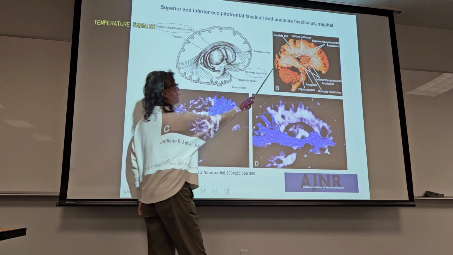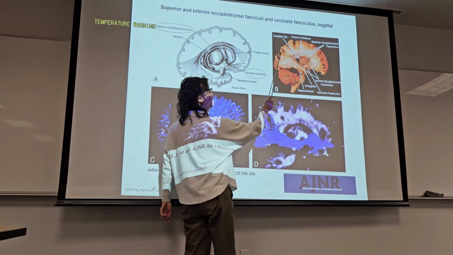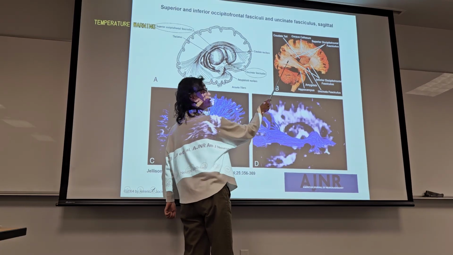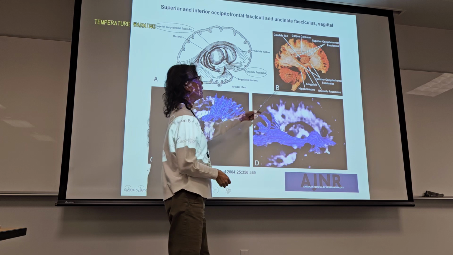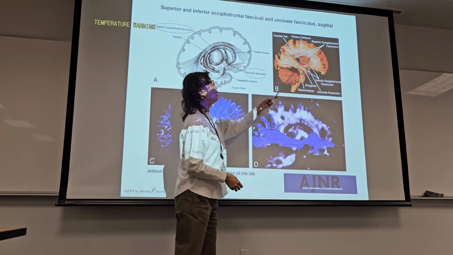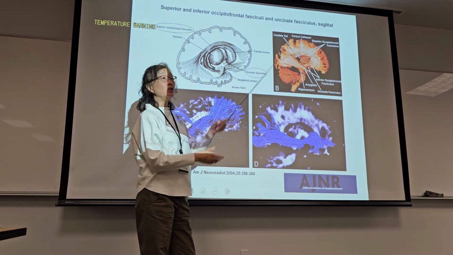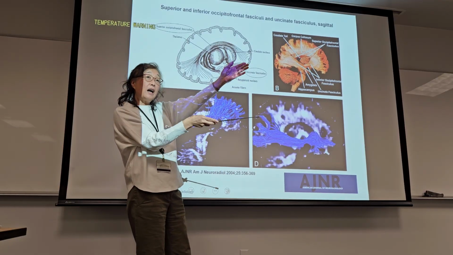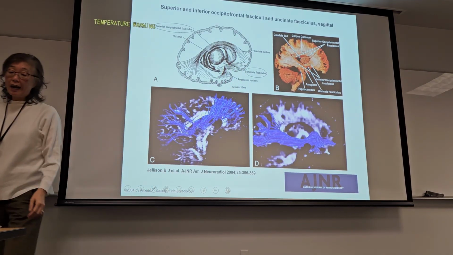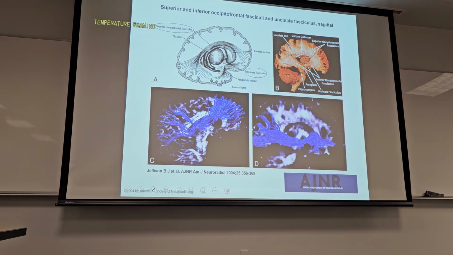Back here, this is the superior, and then down here, sweeping under, is the inferior occipital frontal. They're basically big connections from the frontal lobe to the occipital lobe. They're parallel, just a little offset, and a little higher and lower than each other. Okay, so not quite train tracks. Any other questions? Good question.